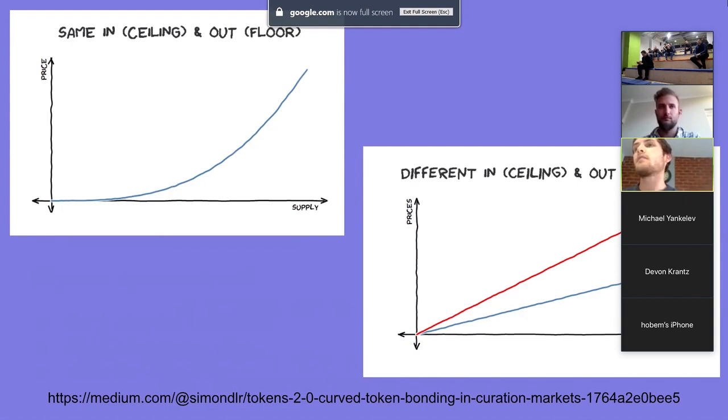It's a very basic mathematical function, or it can be. It's basically a curve with price on the y-axis and supply along the x-axis. As you mint tokens along the supply, your price increases. There is no idea of time in this specific graph.